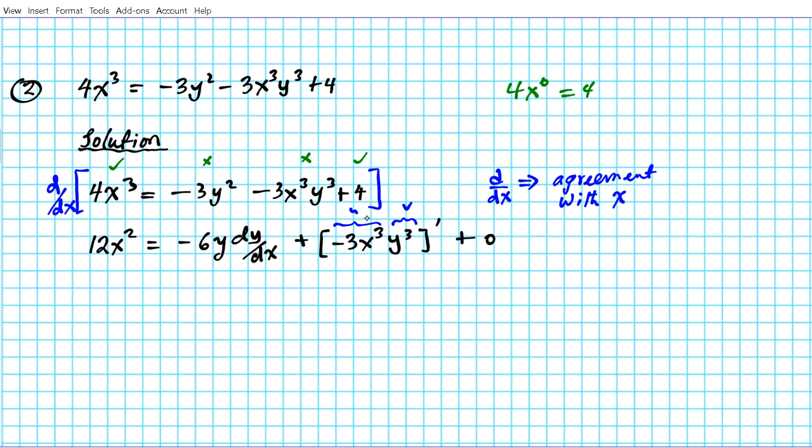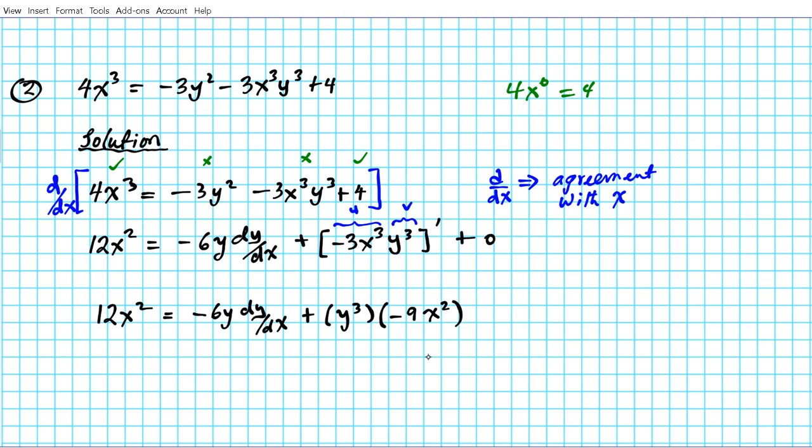Okay, so we're going to use the product rule. Okay, so we have 12x squared equals negative 6y dy/dx. Okay, and then if we differentiate this, plus, you have vu prime, so v is y to the third times the derivative of u, which is going to be negative 9x squared.